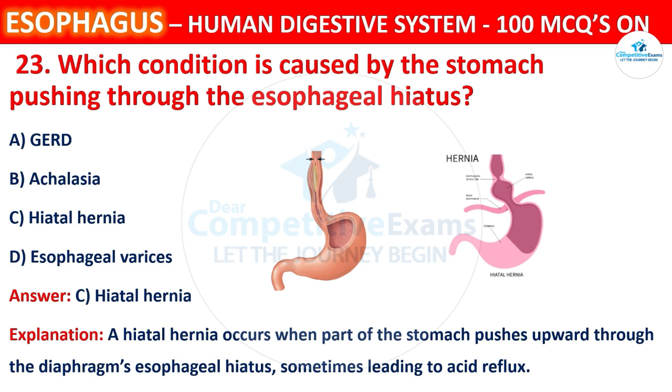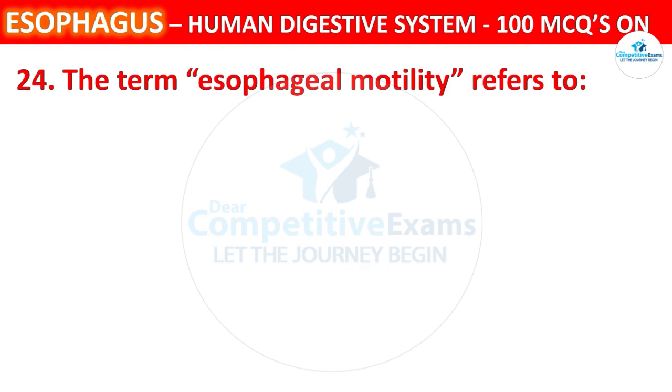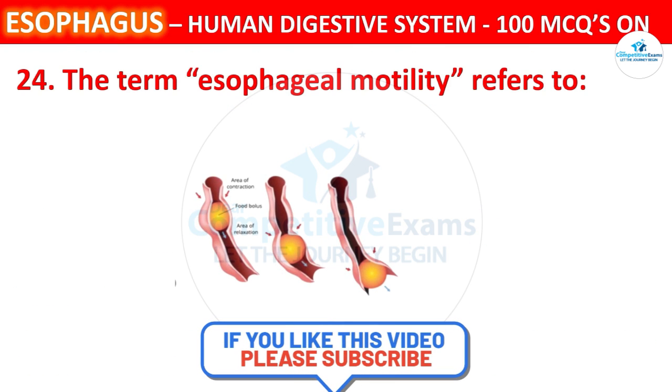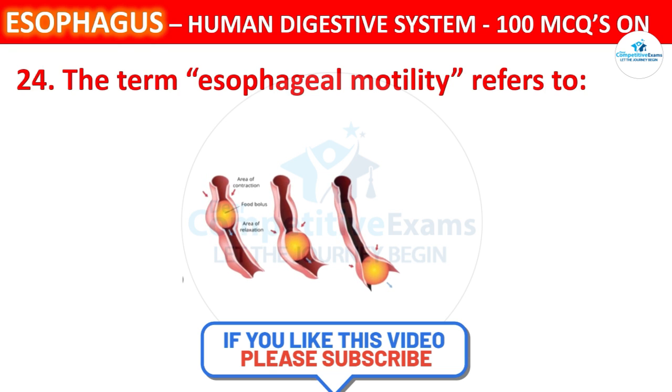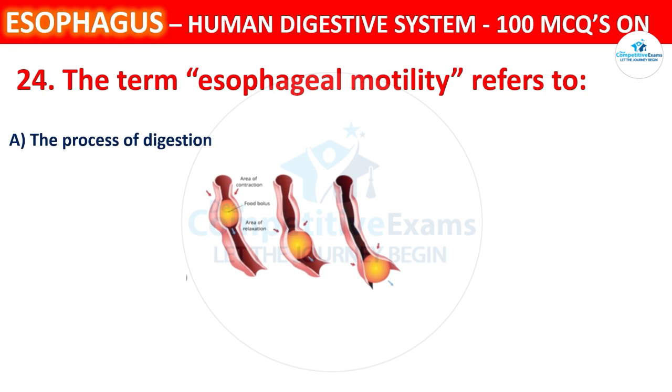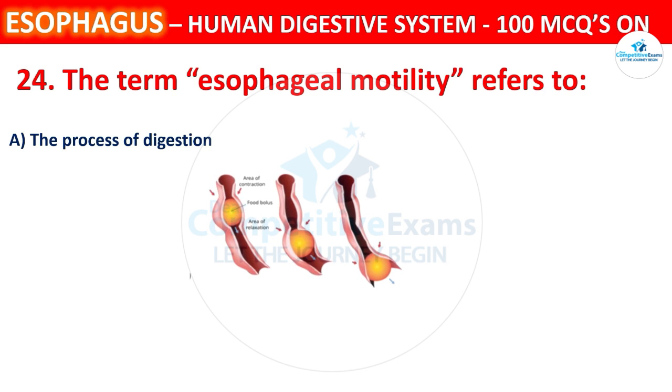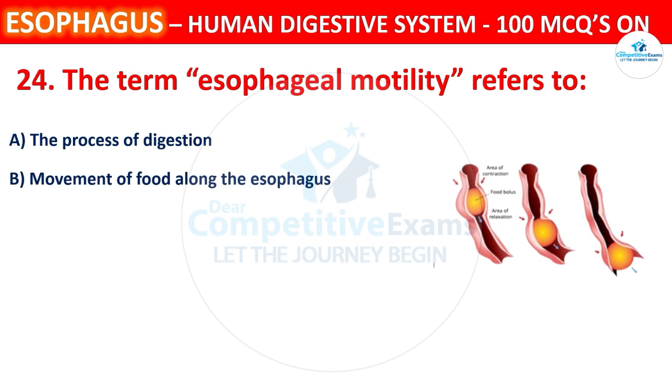Question number 24. The term esophageal motility refers to? Options are the process of digestion, movement of food along the esophagus, acid production, or LES relaxation.